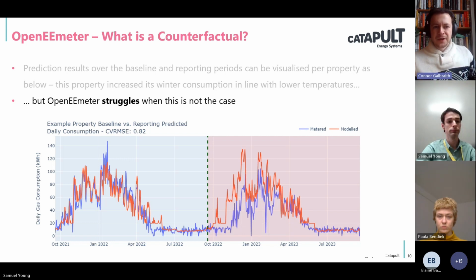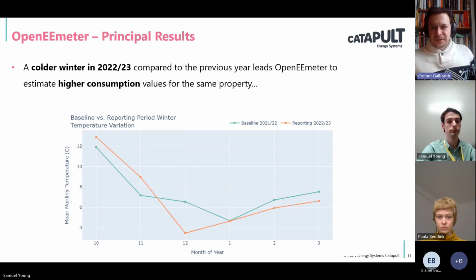Now, on the next slide is the period over which we tested this, across our data set of roughly 3,000 homes that were valid for us to run OpenEEMeter on. The most important periods of the year are the winter periods, because that's where the vast majority of gas consumption occurs for each property. The green line shows the average monthly temperature for the baseline period over the winter, from October to the end of March.